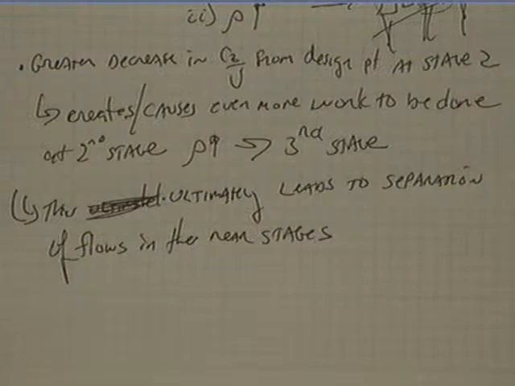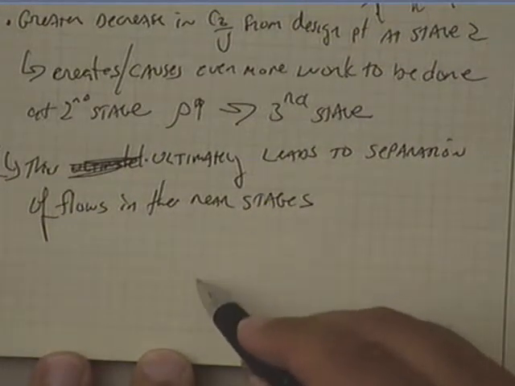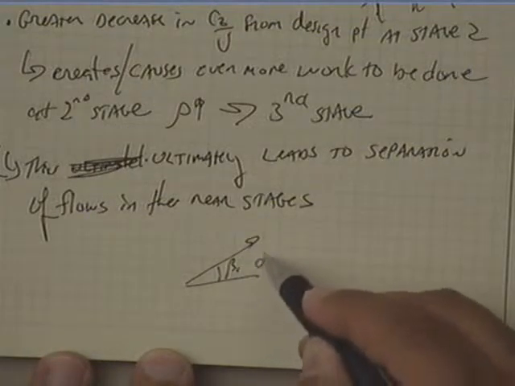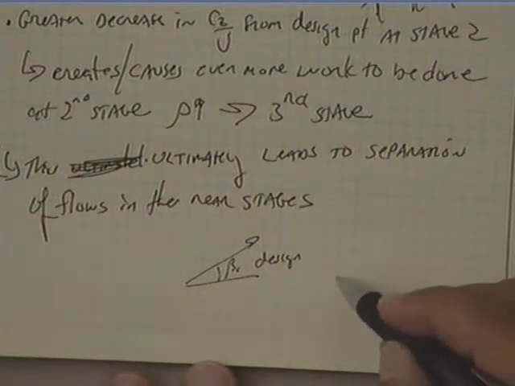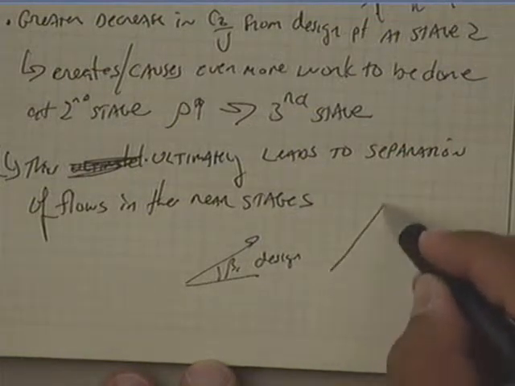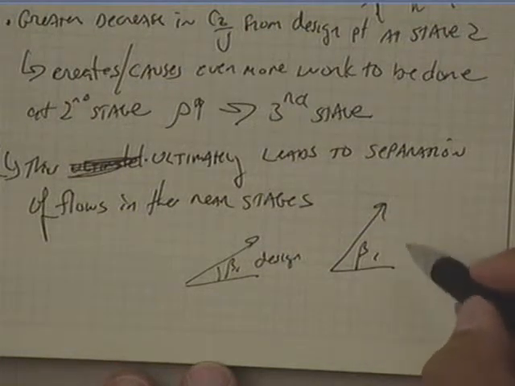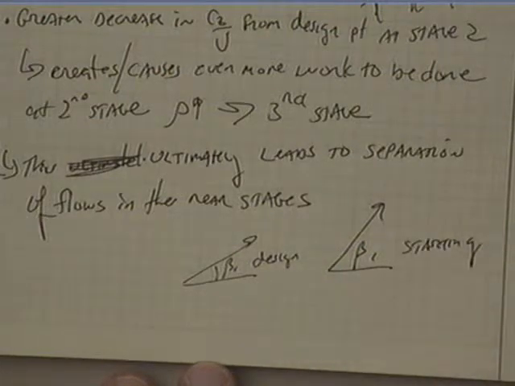Okay? Now what this means aerodynamically is that I've got some beta design. And in the rear stages at starting, I'm going to have a much higher beta 1 than design. Okay, so this would be maybe at starting, and this is design.